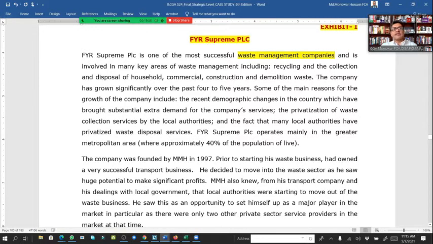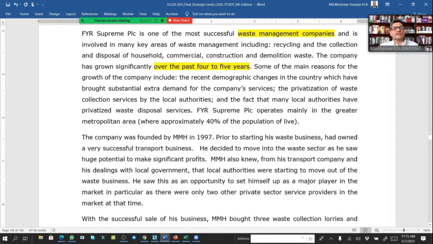The company has grown significantly over the past 4 to 5 years. Some of the main reasons for the growth include the recent demographic change of the people of the country, which brought substantial extra demand for the company's service, the privatization of waste collection service by the local authority, and the fact that many local authorities have privatized waste disposal service.